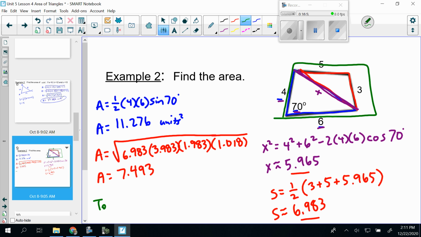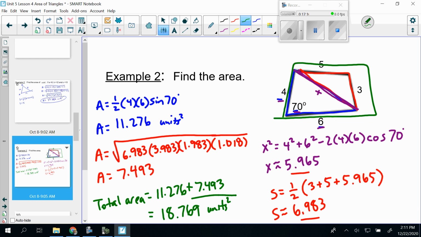So total area would be the two areas we just found added up. And that should end up being 80.769 units squared. So there's our total area of that quadrilateral.